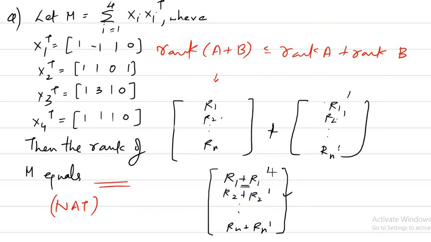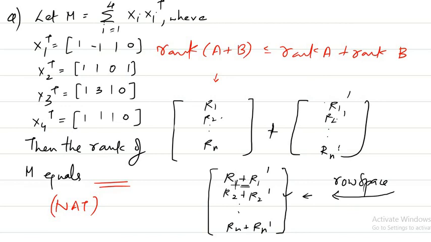We know that the number of linearly independent rows is equal to the rank of the matrix. So if you think about the row space of this matrix, how many linearly independent rows will it have?